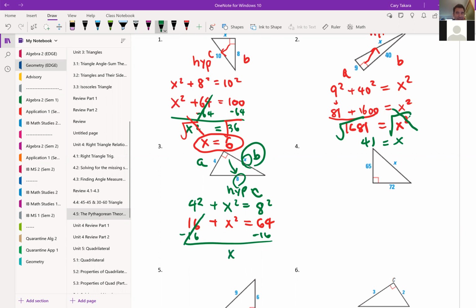And you will get X squared equals, what is it, 48? 48. And the last step is to take the square root. So x equals square root of 48. It's 6.9.